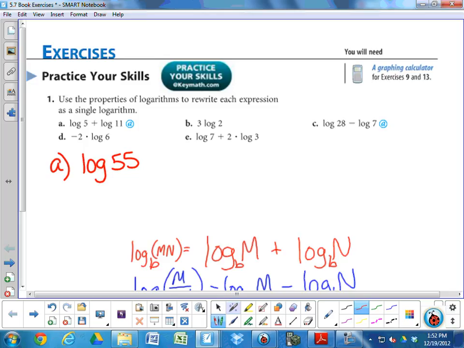Is the log of 55, enter, the same as the log of 5, close it, plus the log of 11? Check it. Is the log of 55 the same as log 5 plus log 11? Should be the same.